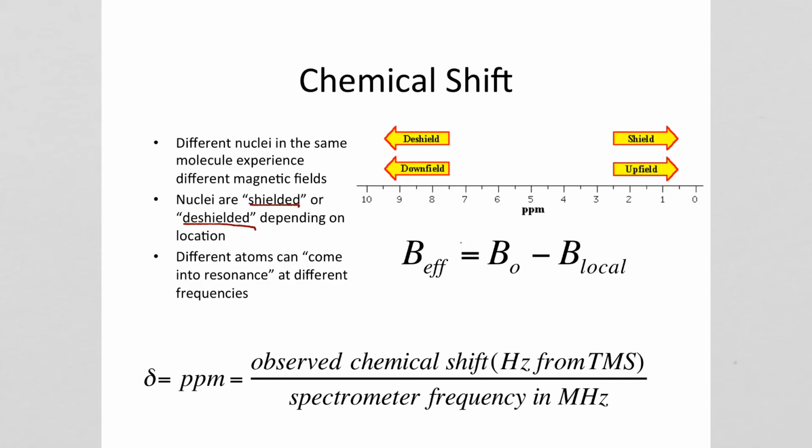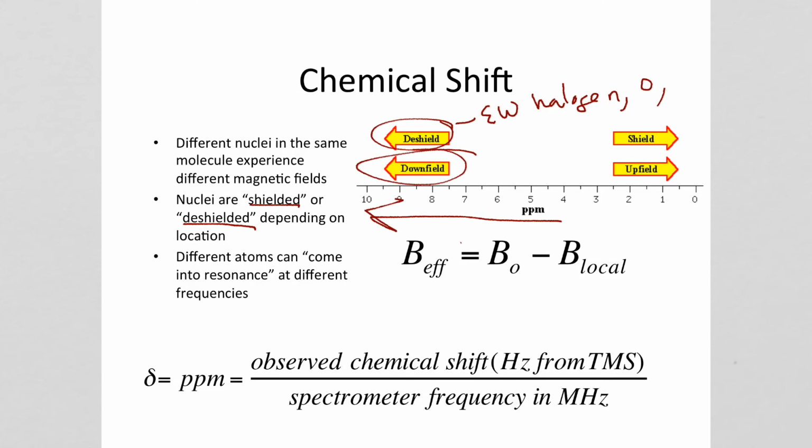For example, if a specific nucleus is attached to something very electron withdrawing, like a halogen or oxygen, that causes the atom to be deshielded, and therefore its absorbance will be shifted downfield.